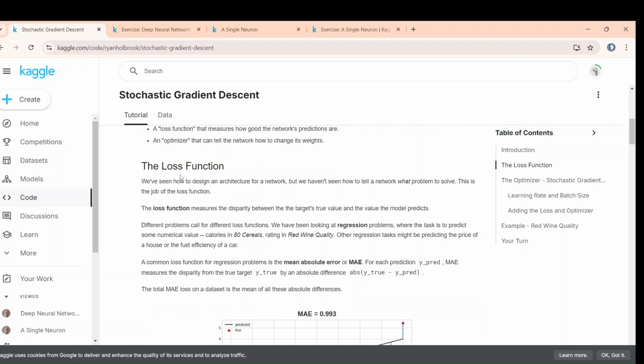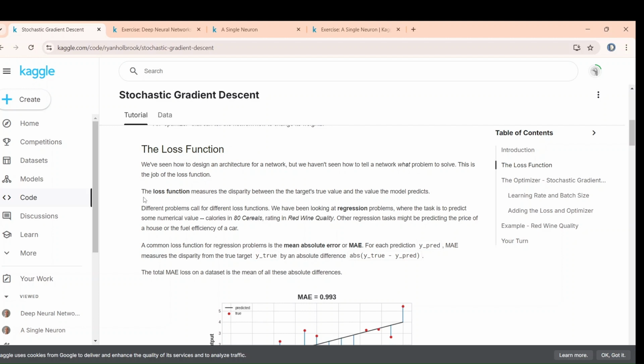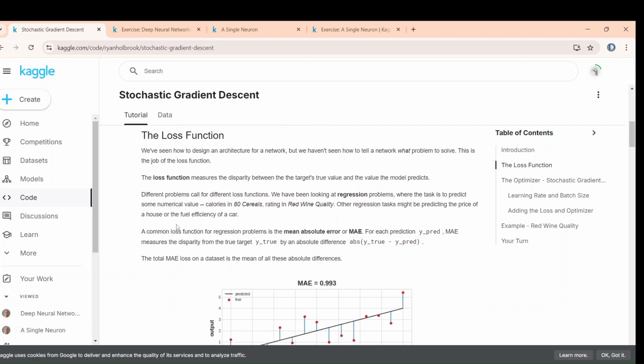Now let's dive deeper. The loss function: we have seen how to design an architecture for a network, but we have not seen how to tell a network what problem to solve. The loss function measures the disparity between the target's true value and the value the model predicts. Different problems call for different loss functions.